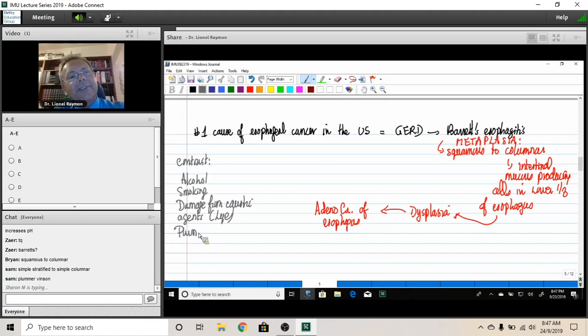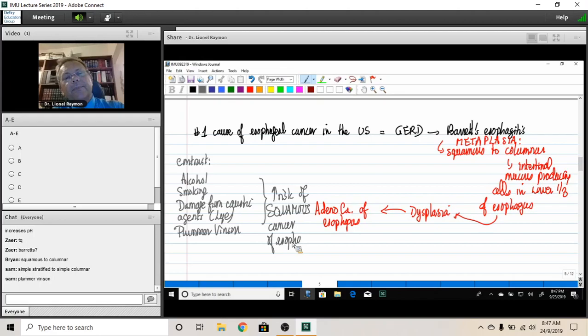Absolutely. We'll put Plummer-Vinson syndrome. These are as many causes that would increase the risk of squamous cancer of the esophagus.